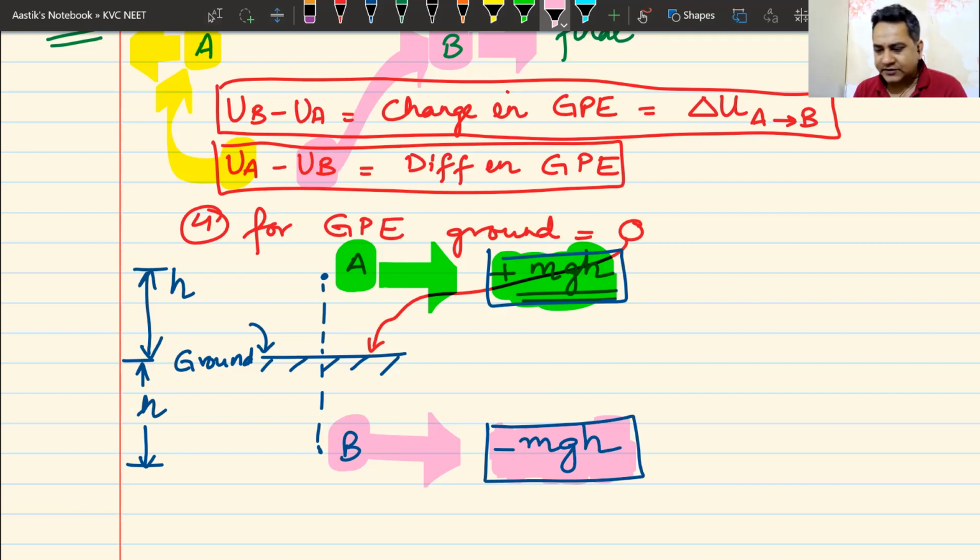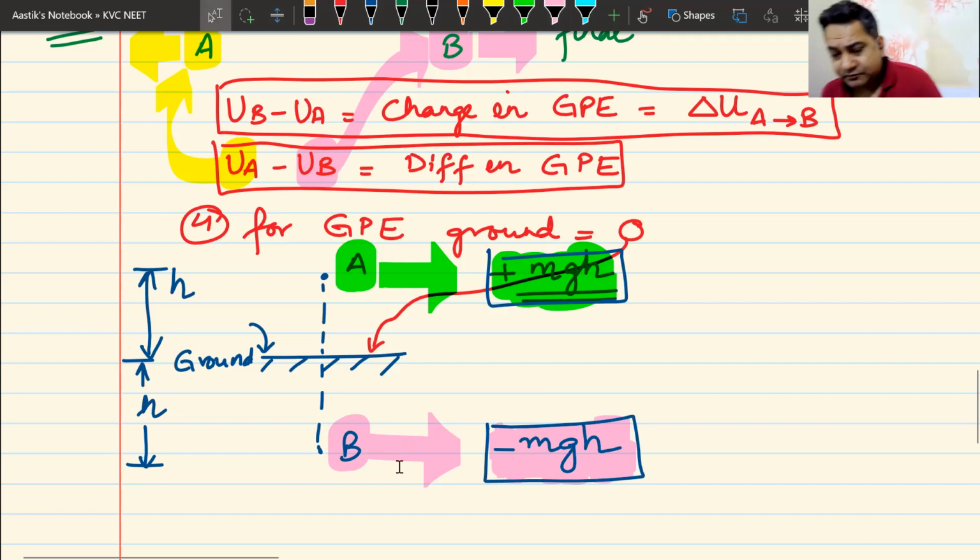This is a very important concept, and based on this, everything is going to go ahead. Chalo, I think you have understood this. I'll just move ahead. One more point that I want to discuss.